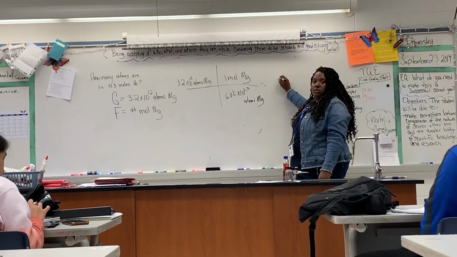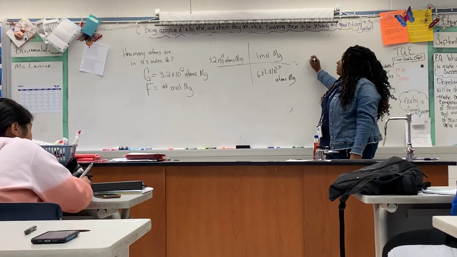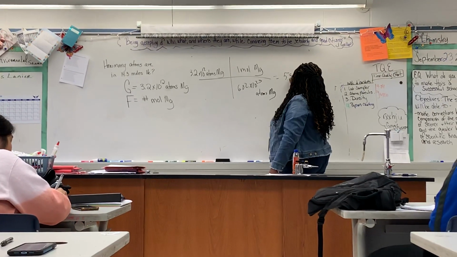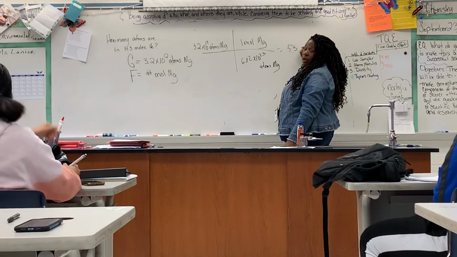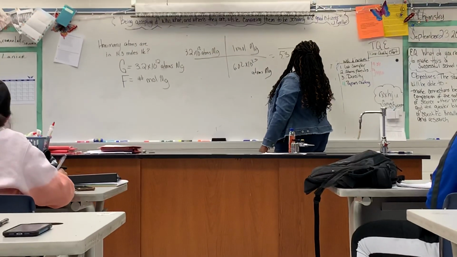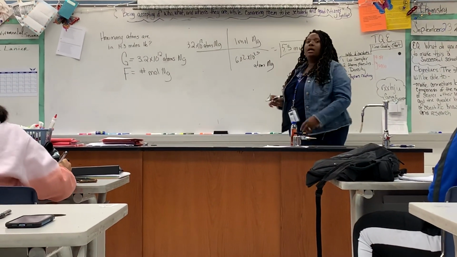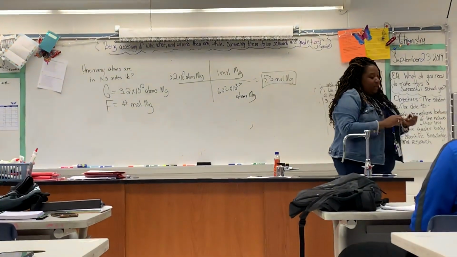Equals. 5.3. What's after the 3? 5.3. Okay. 5.3 moles of magnesium. Questions, comments, concerns? Would you put it in the calculator? Yes, we'll put it in the calculator one more time.